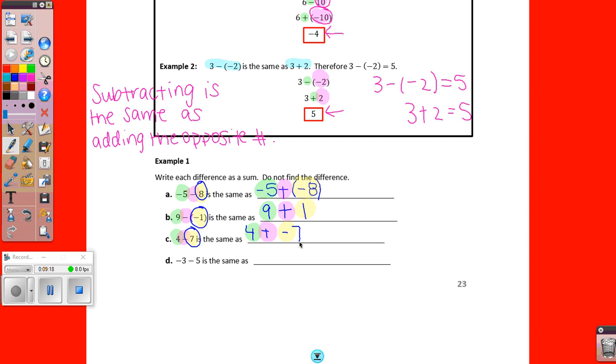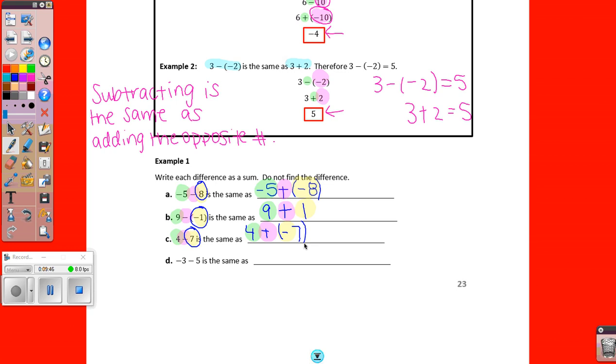So minus is a verb, it's an action. Negative is an adjective, it's describing something. This is negative 7. It's describing the type of 7 that we have. It's not a positive 7, it's a negative 7. So that's why we want to make the parentheses very clear and that we're separating those two symbols apart. So with the parentheses, it's very clear that we're adding 4 plus negative 7.